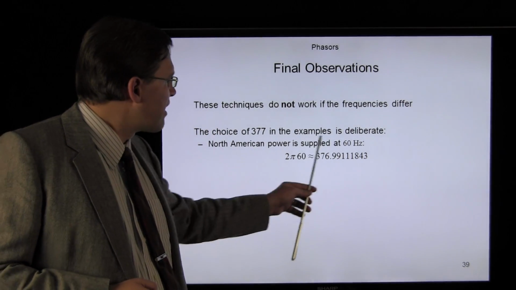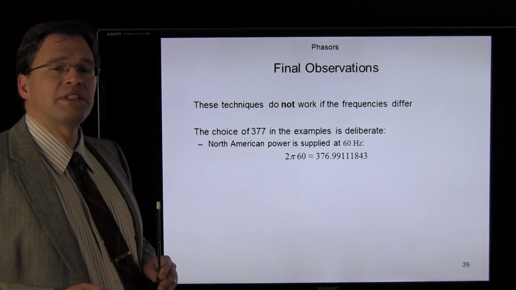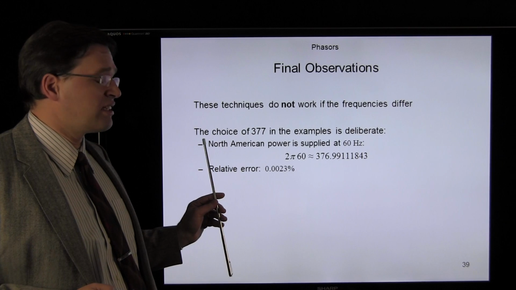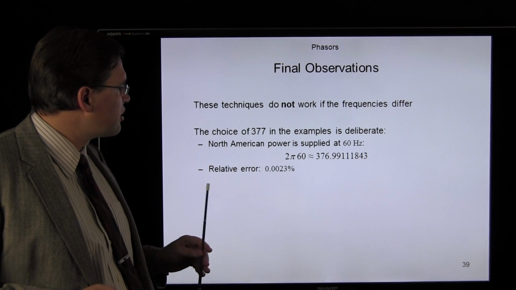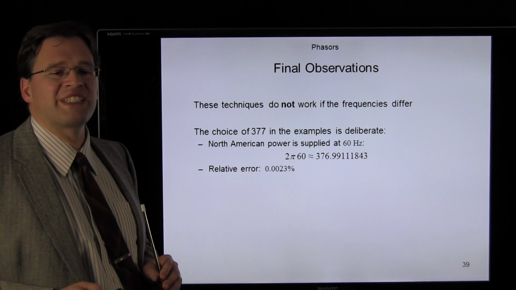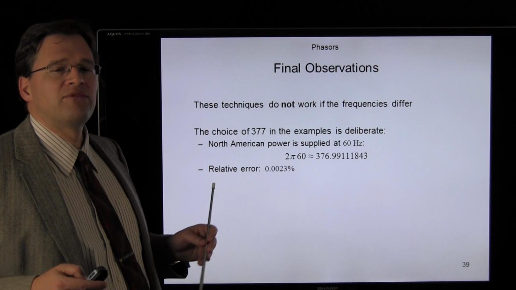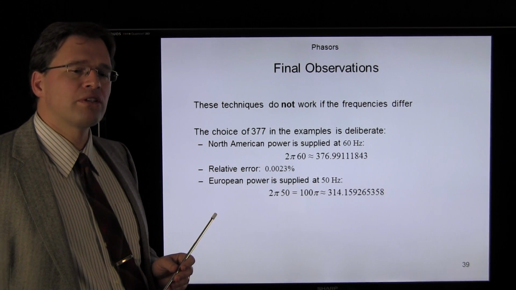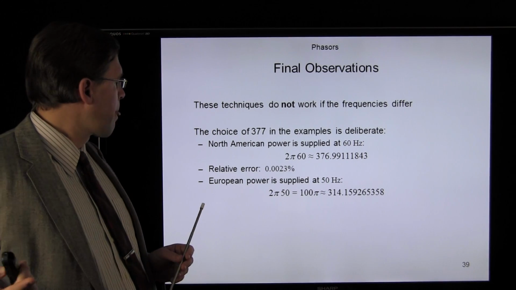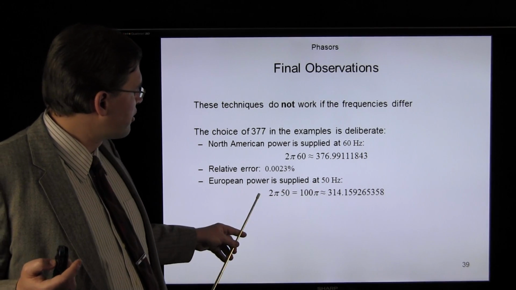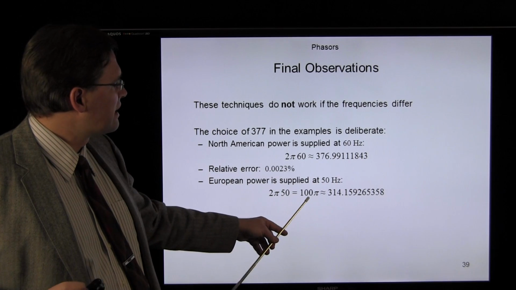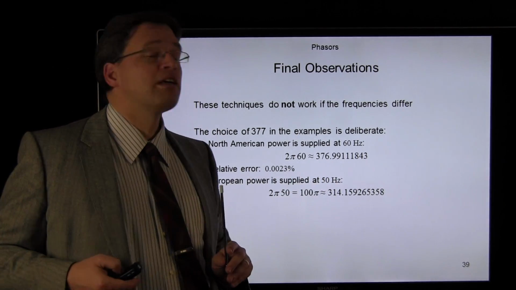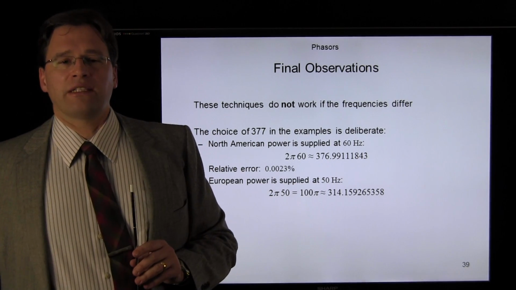Approximating 2 pi times 60 with 377 has a relative error of 0.026%. Very nice approximation. European power, on the other hand, is at 50 hertz. If it's at 50 hertz, the angular frequency is 100 pi, which is 314 and change.